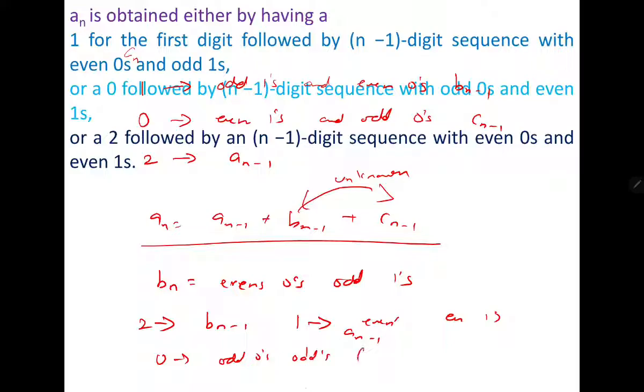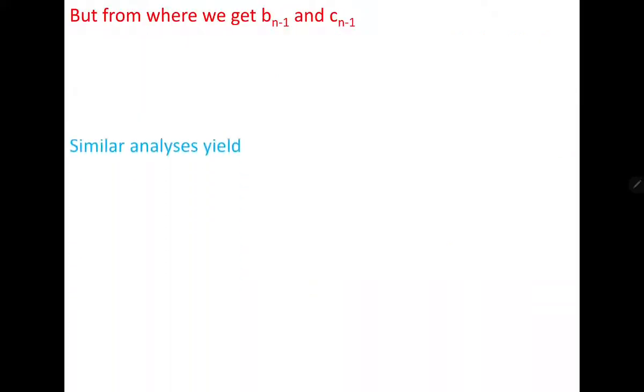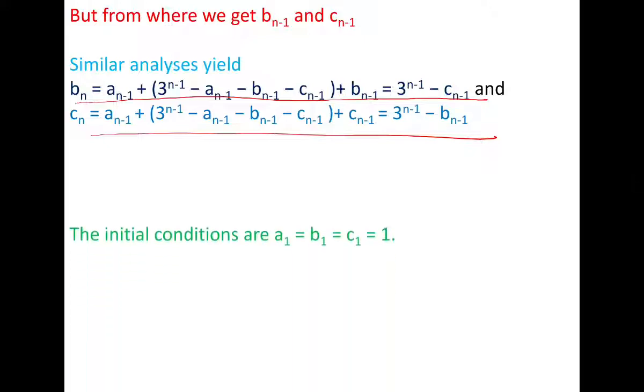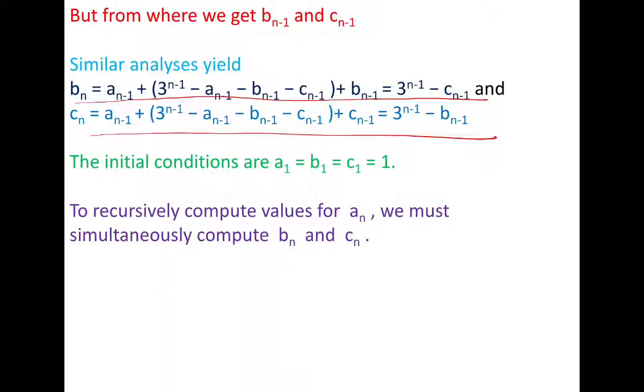So odd zeros and odd ones means 3 raised to the power n minus 1 minus a(n-1) minus b(n-1) minus c(n-1). If you simplify it, that gives you b_n as 3 raised to the power n minus 1 minus c(n-1), and similarly you get c_n. Now you have the recurrence relations for a_n, b_n and c_n. So using all of them, you can compute a_n while simultaneously computing b_n and c_n.